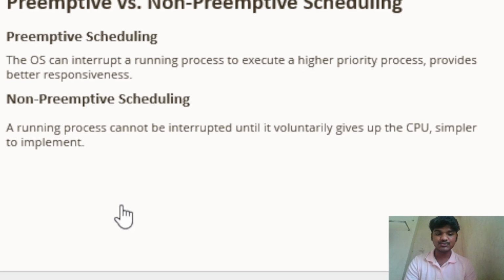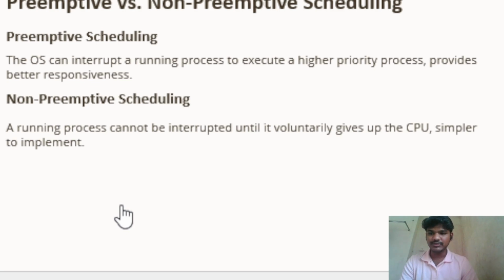P4 is moved to the ready queue because P4 has a lower priority than P3.